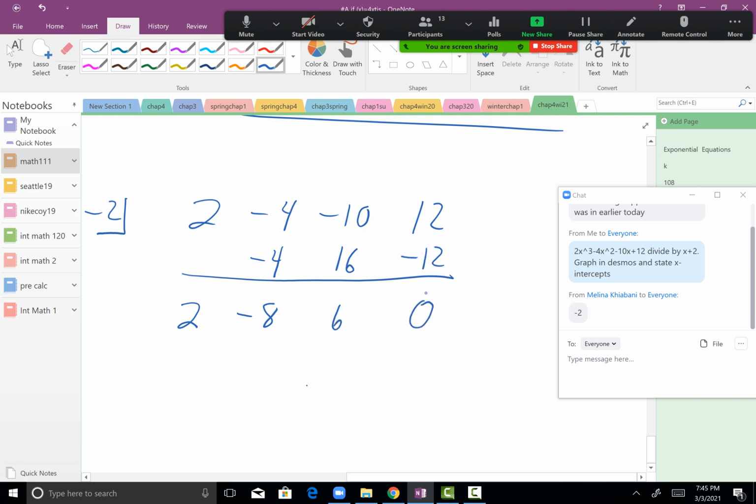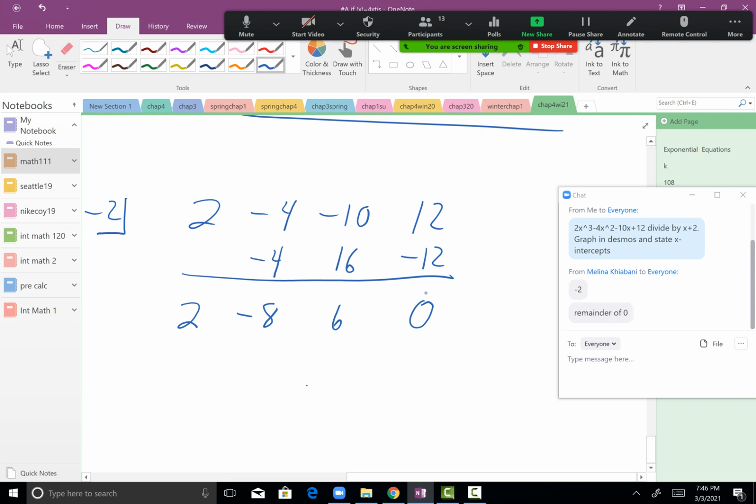Okay, first thing, what do you notice about this one that's different than the other ones? There's something different about this one. The remainder is 0. Yes, the remainder is 0. Okay, cool. What are your x-intercepts? 1 and 3.